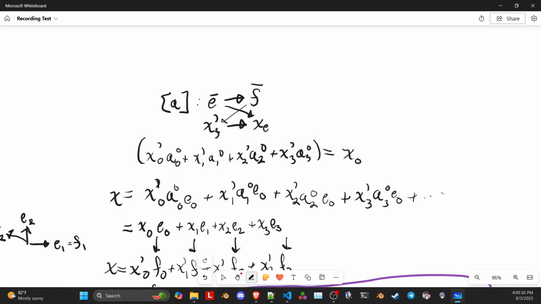And of course, I said that A has an inverse, which acts in this direction. So if we're given a description of a geometric object X, and now I'll write a summation notation.